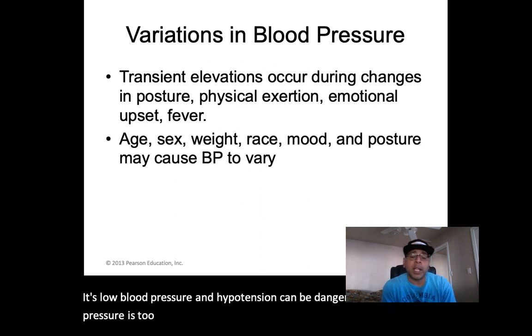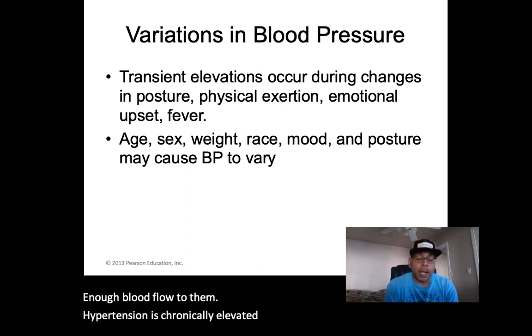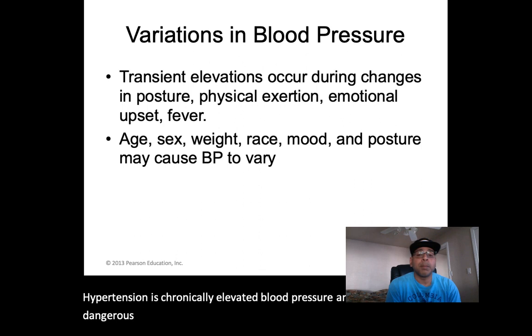The reason why is because then you have decreased tissue perfusion. The tissues don't get enough blood flow through them. Hypertension is chronically elevated blood pressure, and it can be dangerous because it can cause blood vessels to tear.